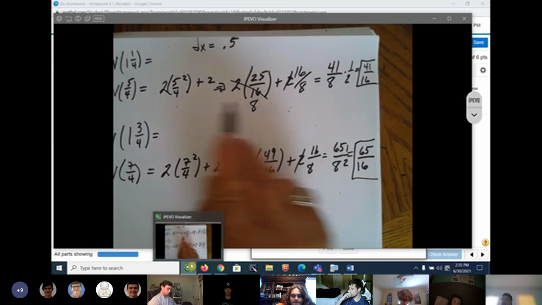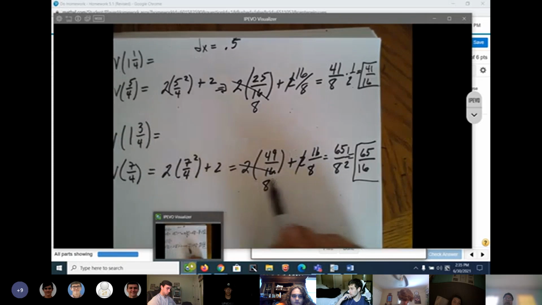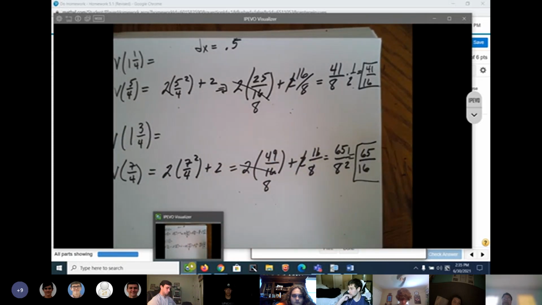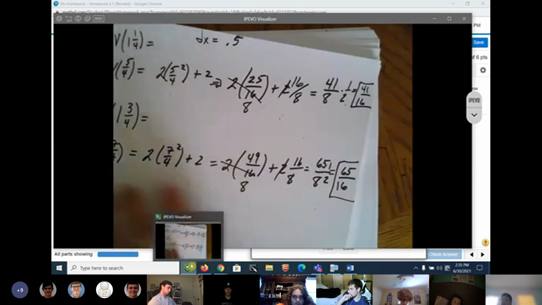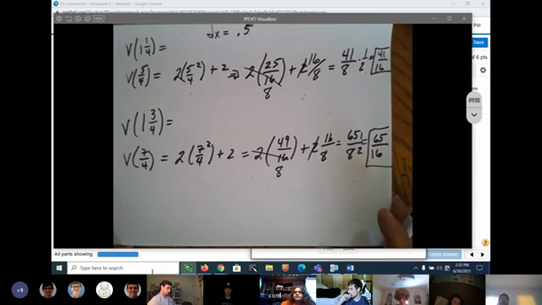So the first area of the rectangle is 41/16. The second rectangle's area is 65/16. And it's a little bit more because this one is a little bit taller. The second rectangle is a little bit taller.